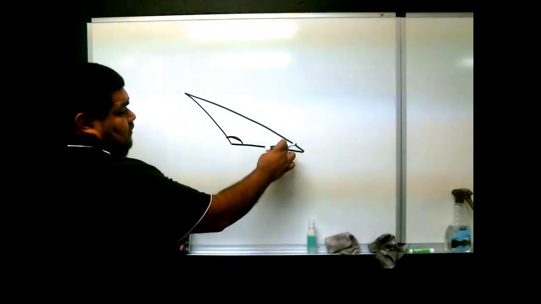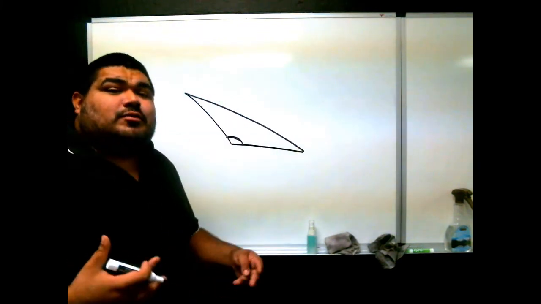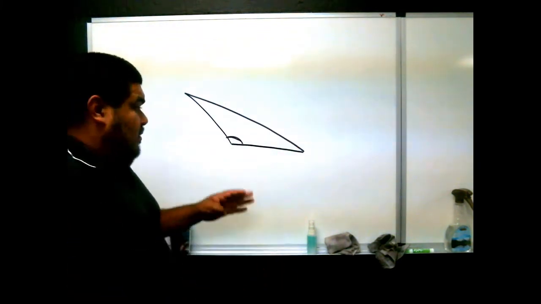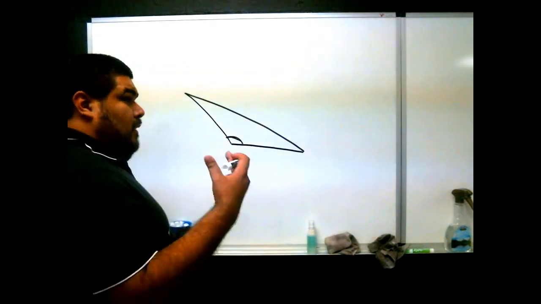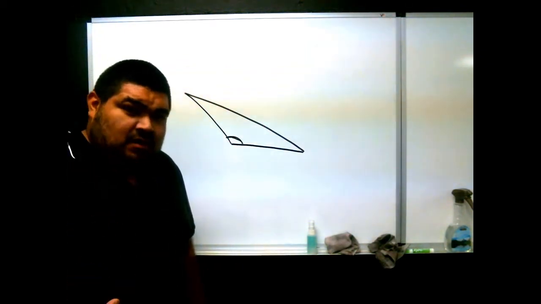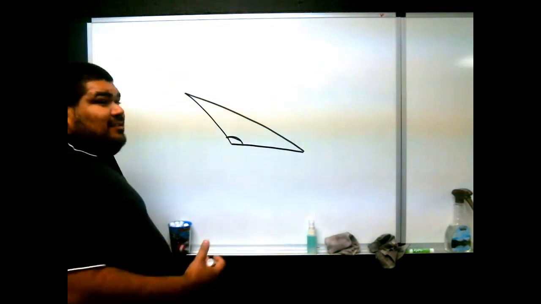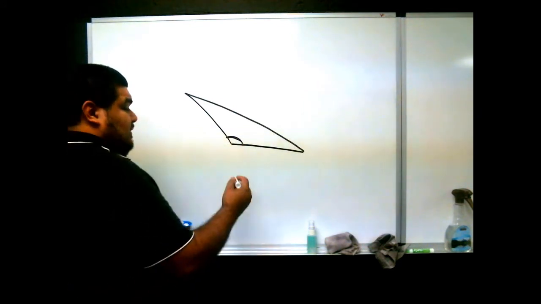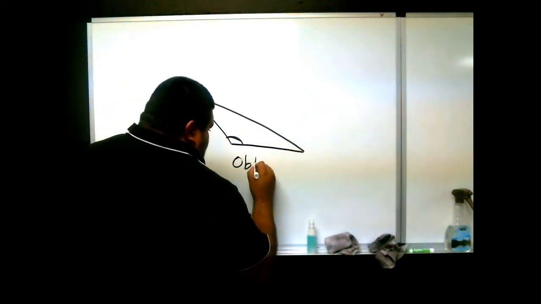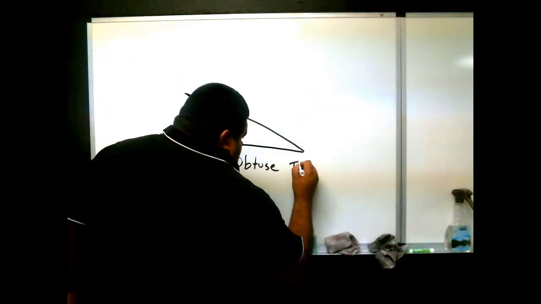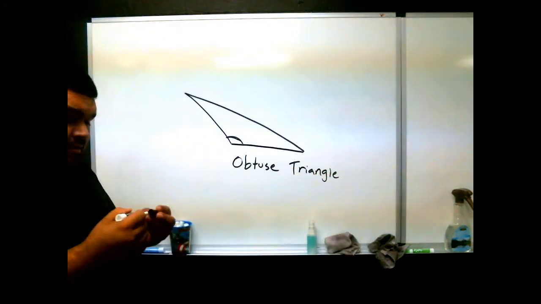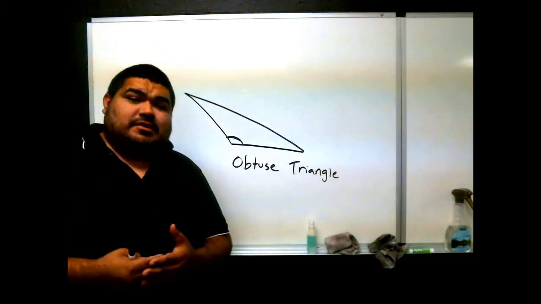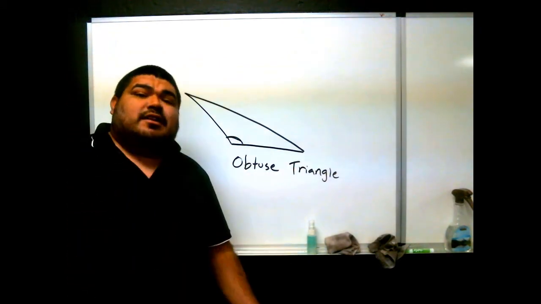Again, the other two angles are usually different numbers, depending on how they equal 180, okay? The thing you have to mostly focus on is, if you can identify that it has an obtuse angle, then this is an obtuse triangle, okay?